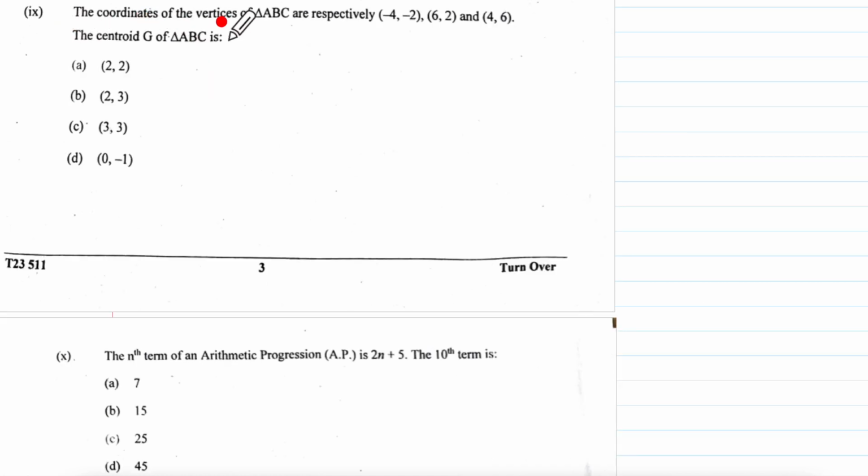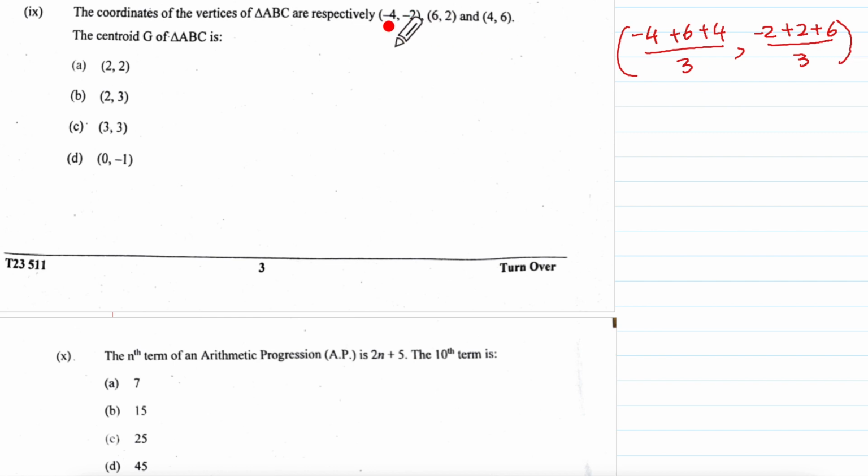Ninth one, the coordinates of vertices of triangle ABC are respectively these. Then the centroid G of this triangle will be -4 plus 6 plus 4 upon 3, comma, -2 plus 2 plus 6 upon 3.